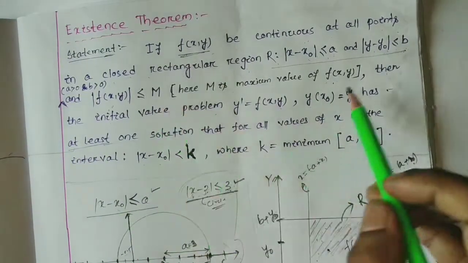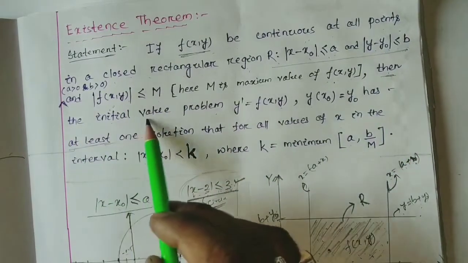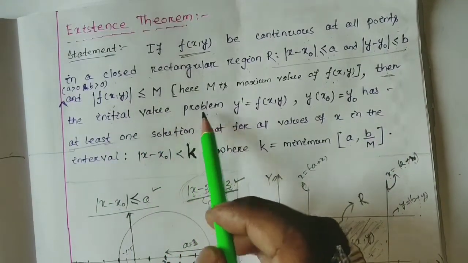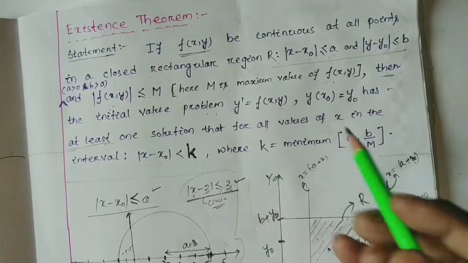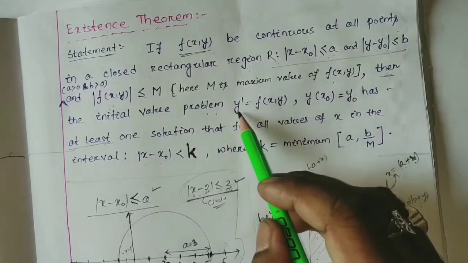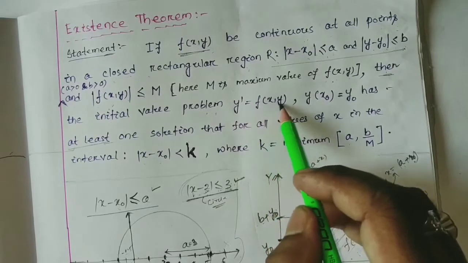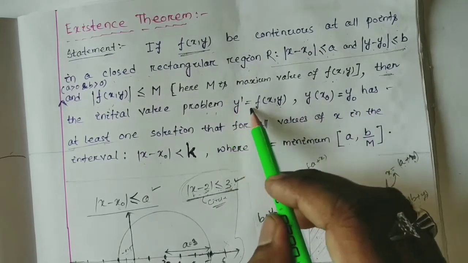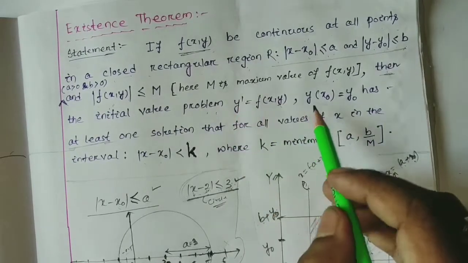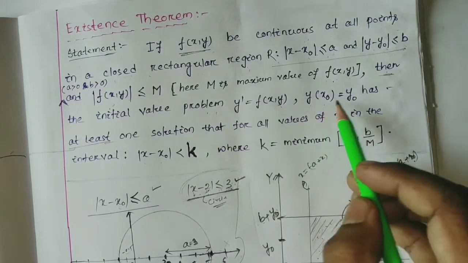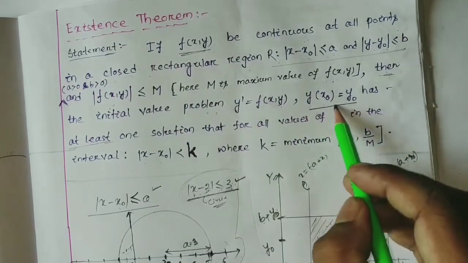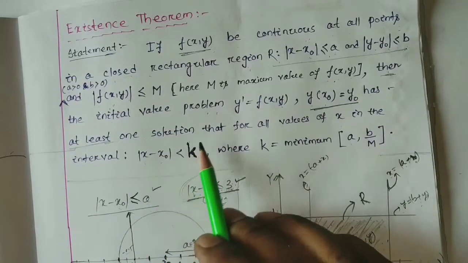then the initial value problem y dash equal to f(x,y), with y(x0) equal to y0, has at least one solution.